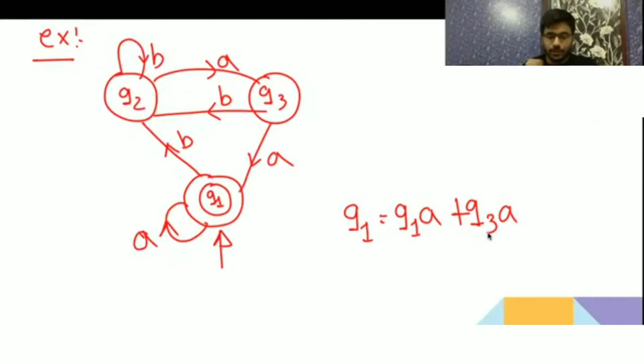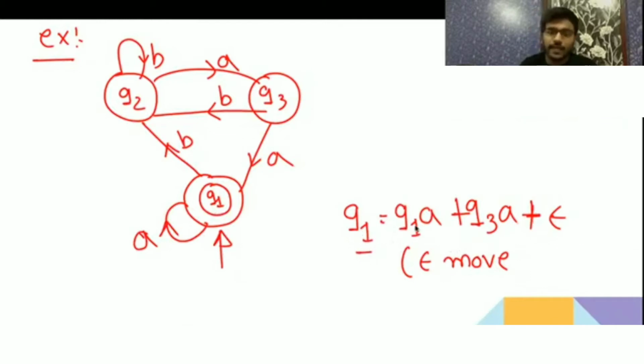Now you have to find the equation for Q3, and plus epsilon, since here you have to add epsilon, because in case of initial state, see here for every state I will write the equation and I have to solve it. So what does the equation mean? If I say Q1, what is Q1?